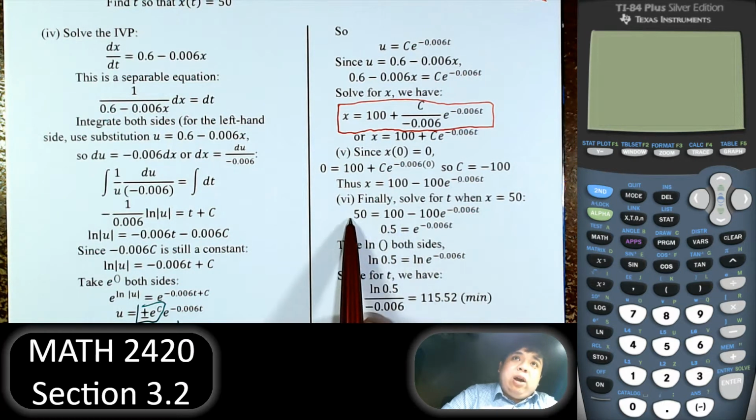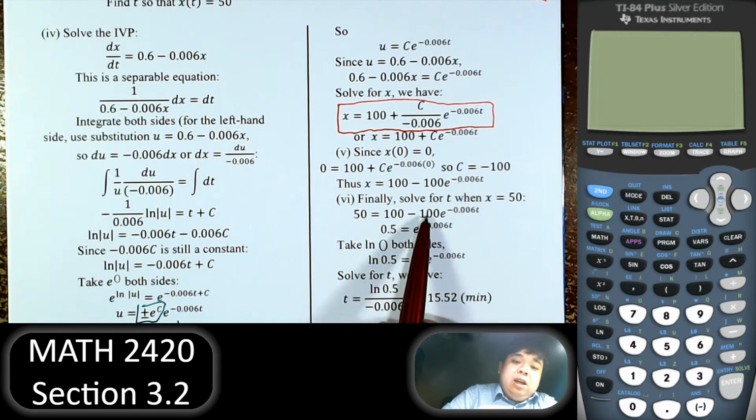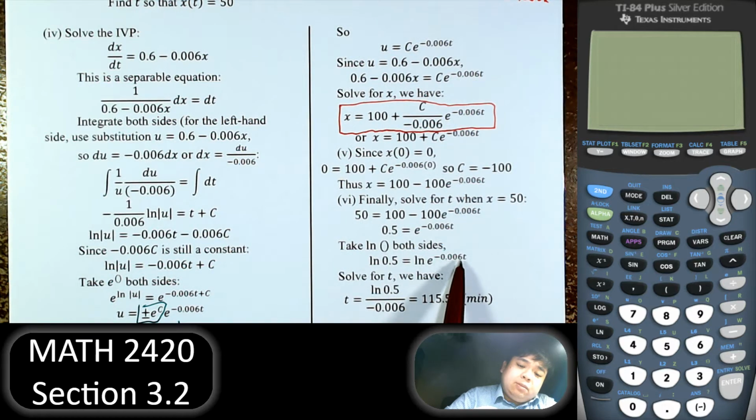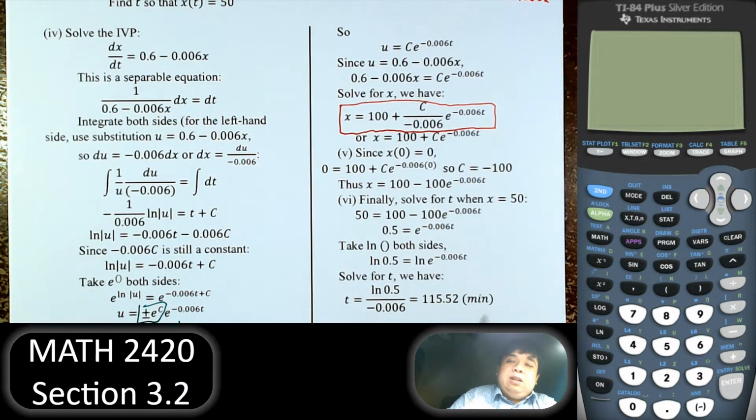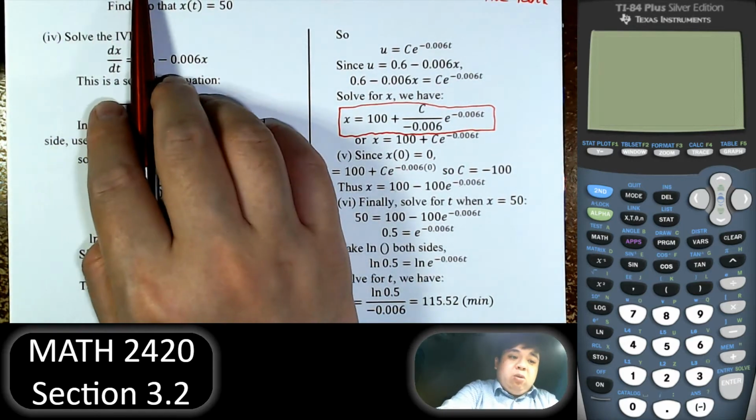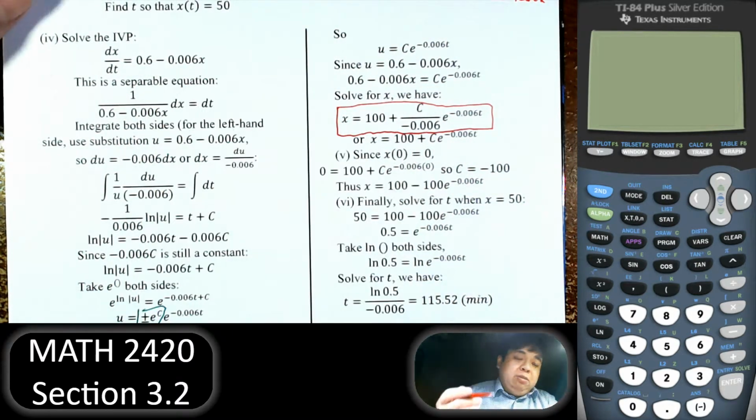So I subtract 100, give us negative 50, divide by negative 100, give us 0.5 equal to that. And take ln on both sides. I will do a few of these later, don't worry. And then finally, t is equal to 115 minutes, where the mass of the salt in the tank will be 50 kilogram.